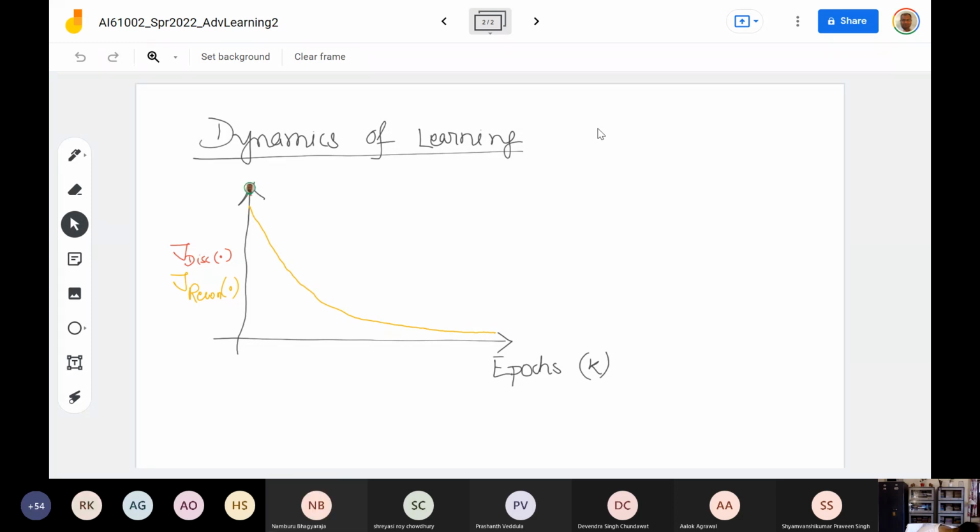It may be above the reconstruction loss, below it, or they may not even be on the same scale. Let me make a disclaimer: these are drawn to arbitrary scales.